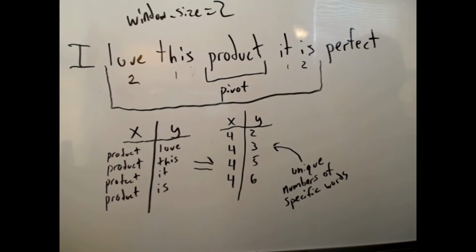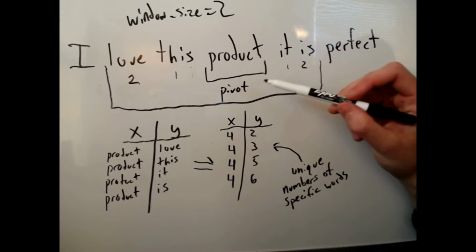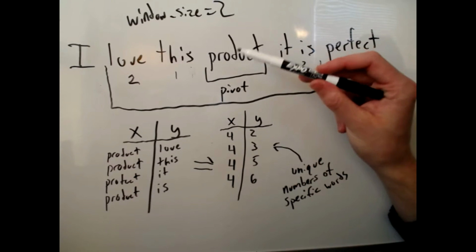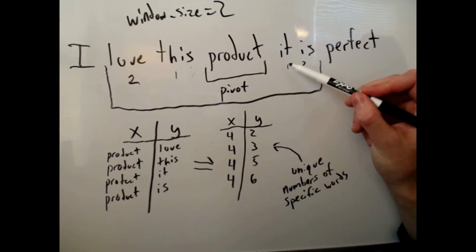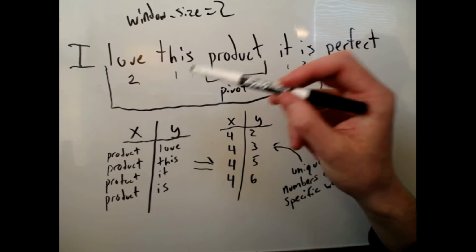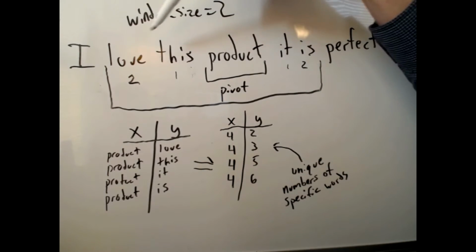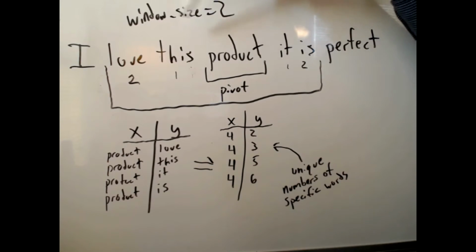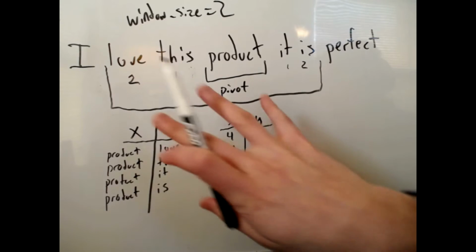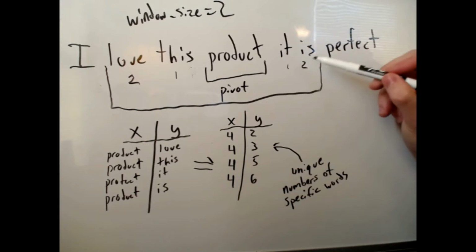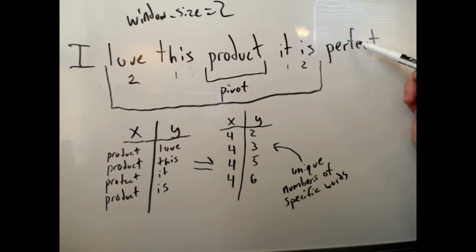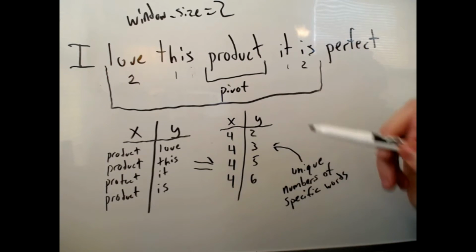For us, if we set our window size equal to 2, and we have the sentence, I love this product, it is perfect, perhaps we're at the position of product being the pivot word. The forward window would be it and is, and then love and this backward. So we're taking 2 words before and 2 words after the given pivot word, and this is going to slide across the whole thing. The next step, it would be the pivot word, and then is perfect would be the forward window, and product this would be the backward window.